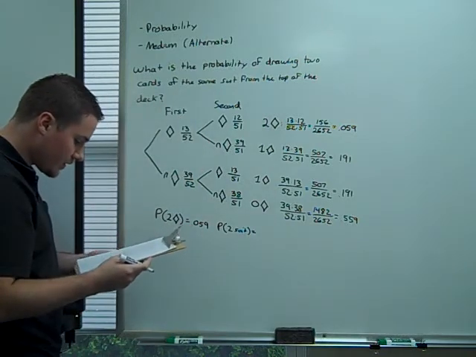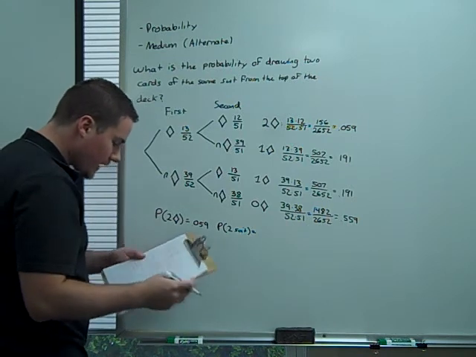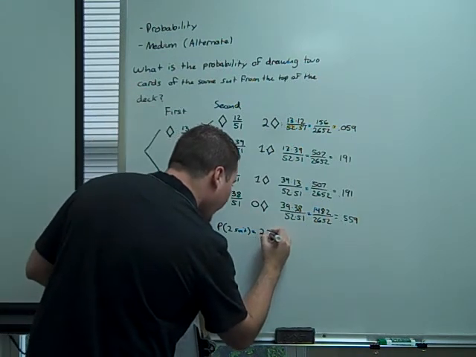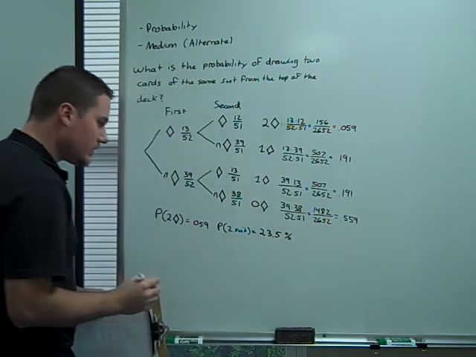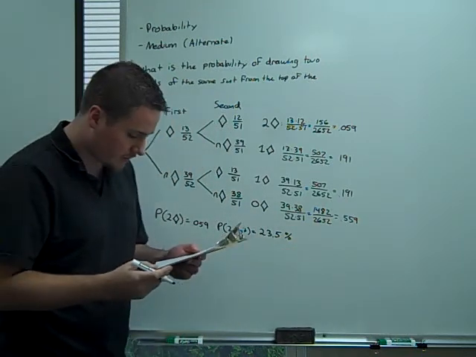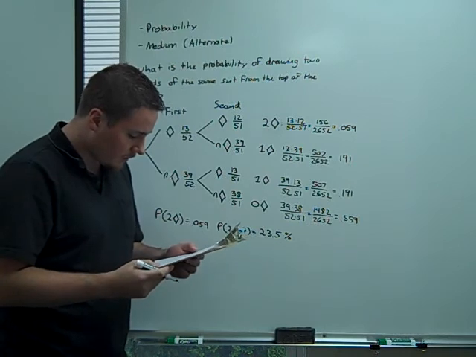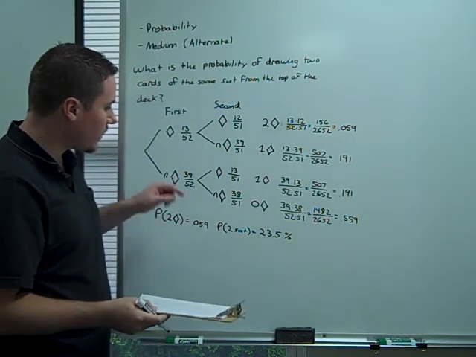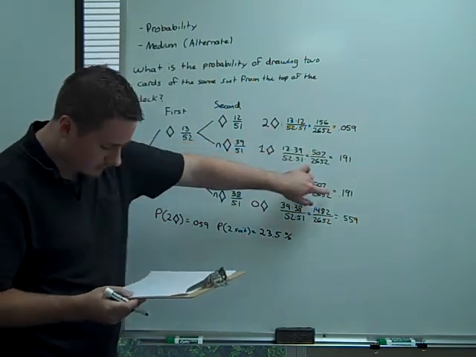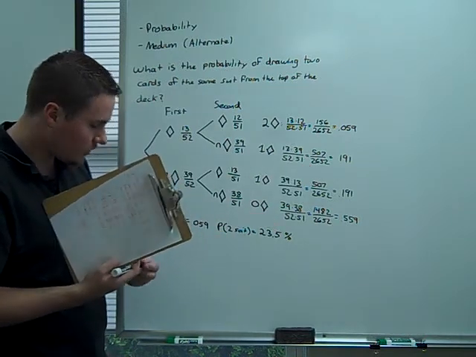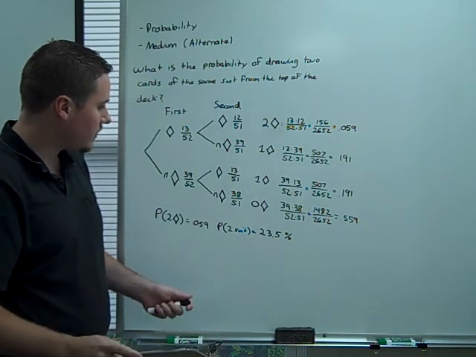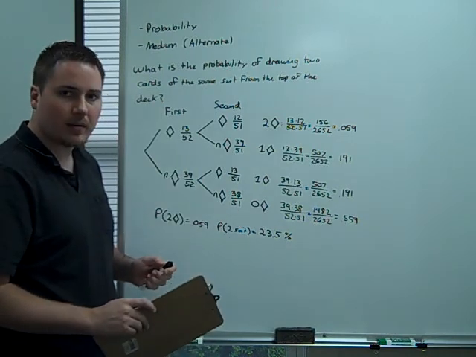And 4 times 0.059 is, in fact, 23.5%, which is the same answer that we got before. It's also worth noting that the probability of getting 1 diamond is the sum of these two, which is 38%, and that's 55%. So it's all adding up to one big probability picture.